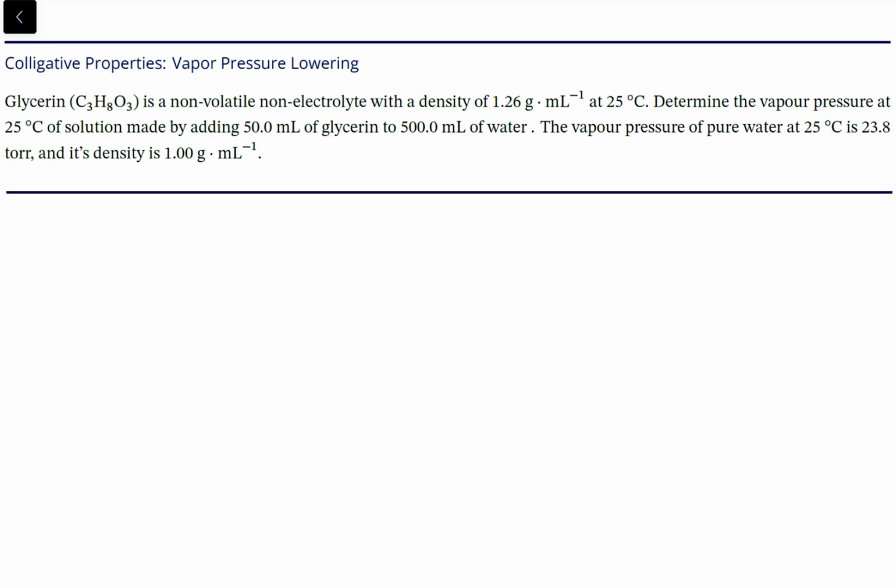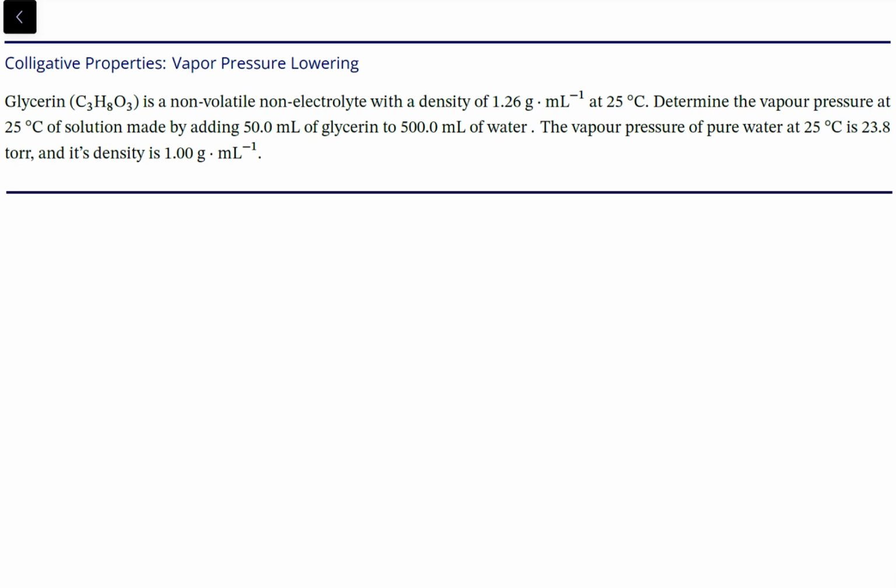So in other words, something like, for example, not sodium chloride or not a gas. Something like glycerin, or in other words, something that does not conduct electricity, or something that in itself cannot have a vapor pressure. So let's read the question.